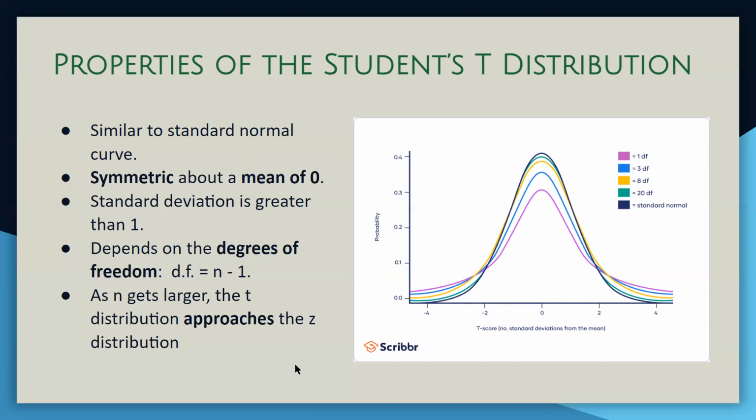So for large enough samples, there is very little difference between the student t and the standard normal curve, which is why on that previous slide, we mentioned that sample size is an issue. The smaller the sample, the less reliable that point estimate for the standard deviation, the wider our interval is going to need to be to compensate.